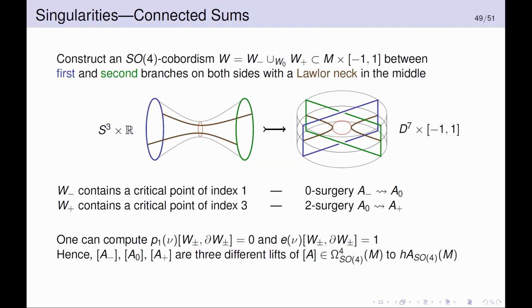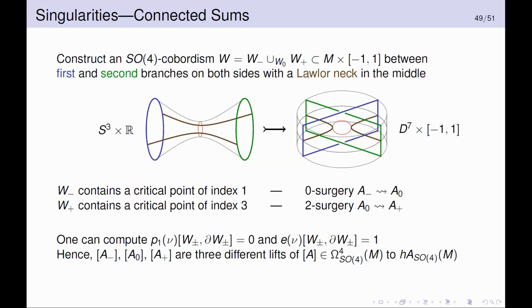And this now tells us, because P1 plus E describes the difference in the lifts, that we get all 3 different lifts of this associative to the set HASO4. Remember, there were 3 different lifts, and we see all of them. So all the branches that we have are different.